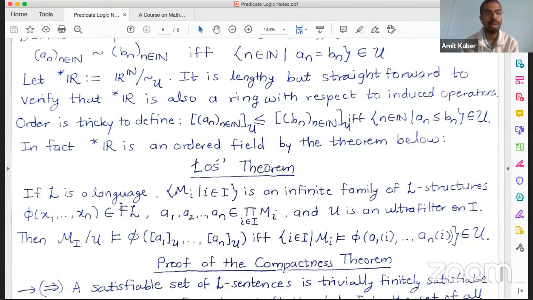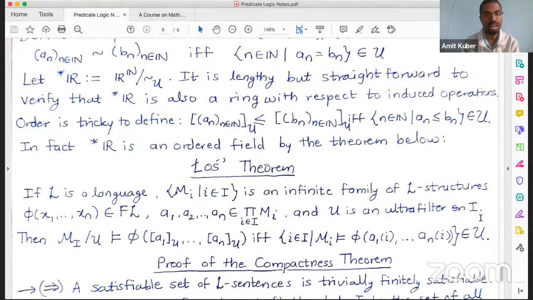And phi is a formula. Now, a_1, a_2, ..., a_n are elements of the product structure, which means they are choice functions or tuples, however you want to understand them.